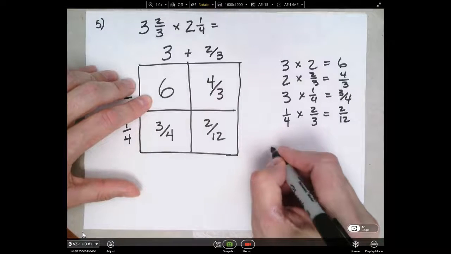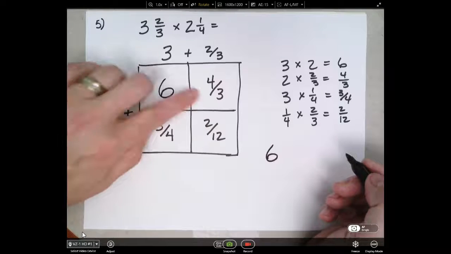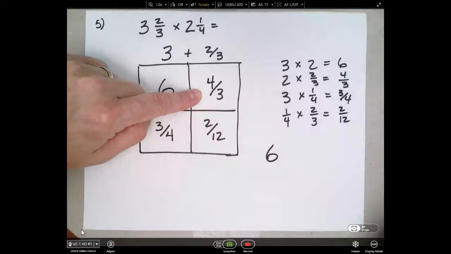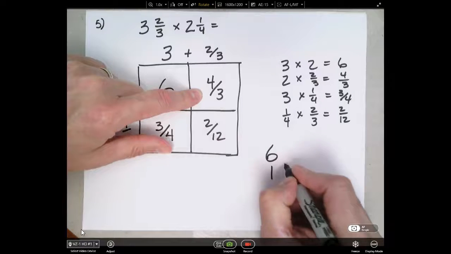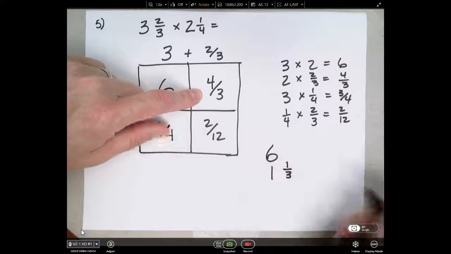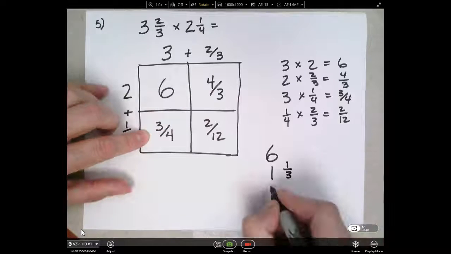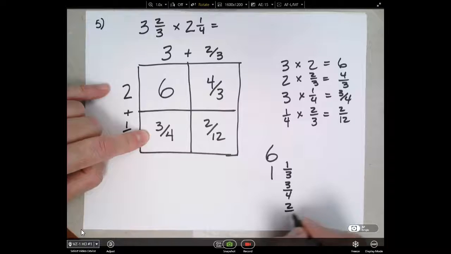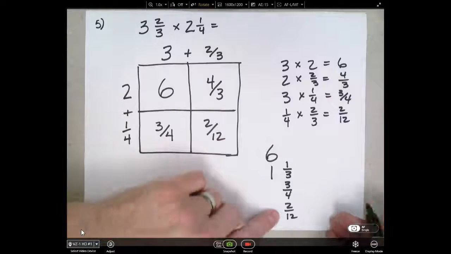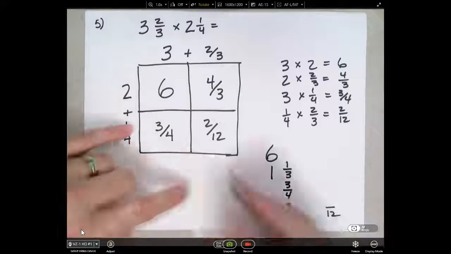Okay, so I've got 6 as a whole number. Now here I've got 4 thirds. I can leave that and just record it as 4/3, or I can go ahead and change it now to 1 1/3. And to that I'm going to add 3/4 and 2/12. Again, I'm using 12 as my common denominator.